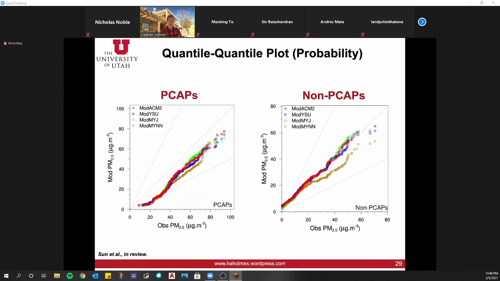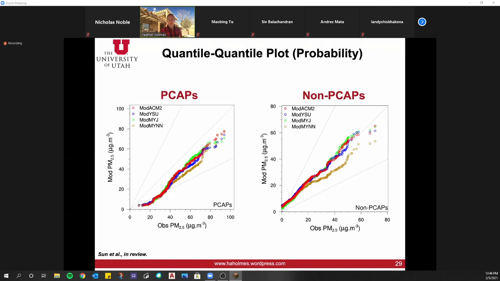Another way to look at that is to stratify our results by cold air pool times and non-cold air pool times. So if emissions were the only thing driving this discrepancy, we would expect that the non-cold air pool and the cold air pool to look the same. But what we see is in this non-cold air pool time on the right-hand side, if we look at this quantile plot, the observations are on the x-axis and the models on the y.